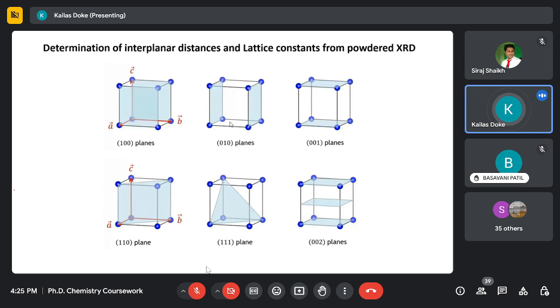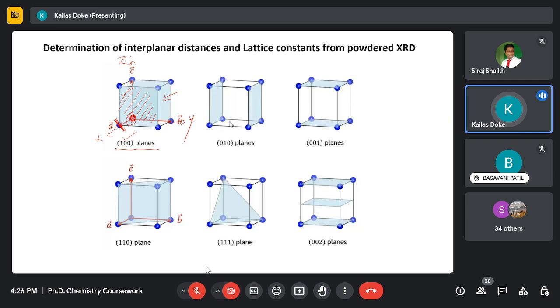Now this plane is called the 100 plane. How is it called the 100 plane? Suppose this is the origin of the crystal, and this is one plane, and that plane intersects along the x-axis at one unit distance. This particular plane does not intersect the y-axis, and does not intersect the z-axis. Therefore, such a plane is called a 100 plane.